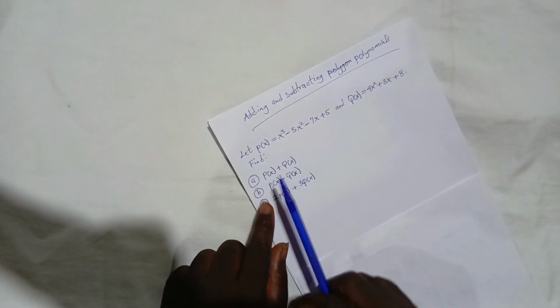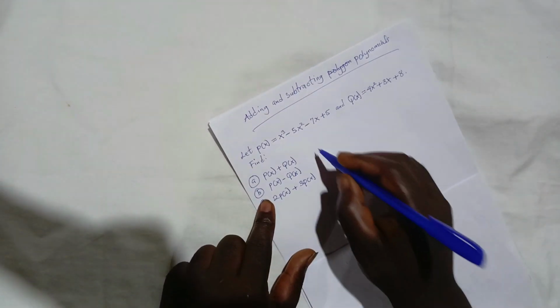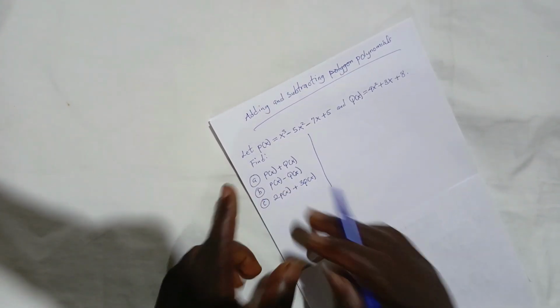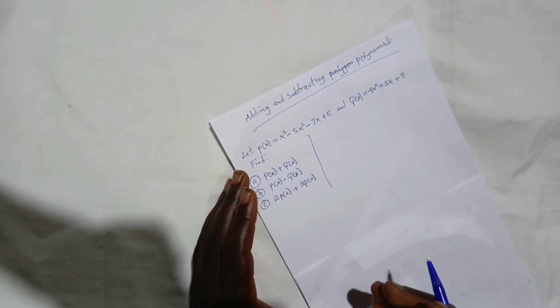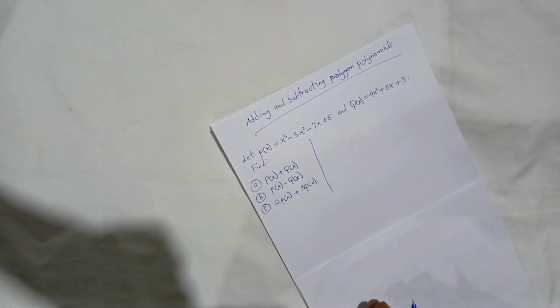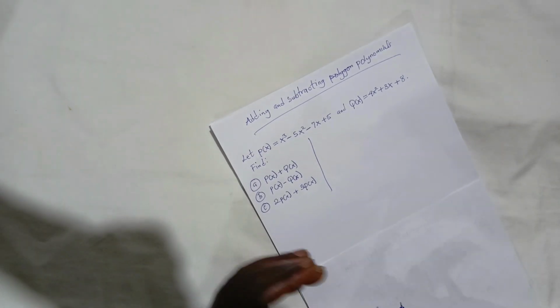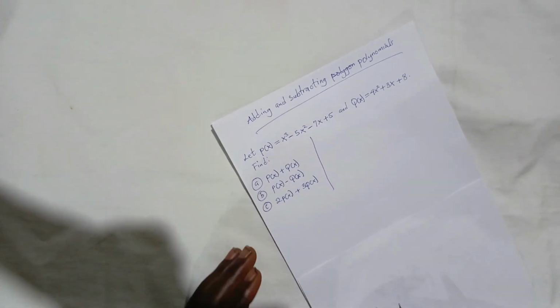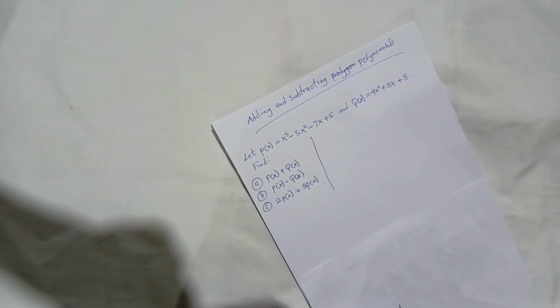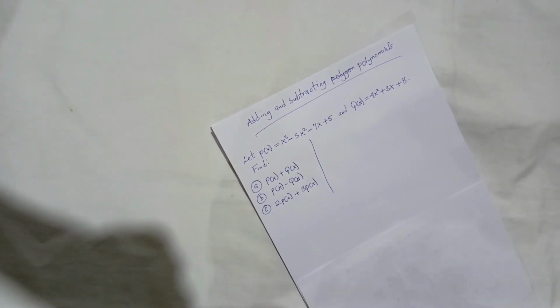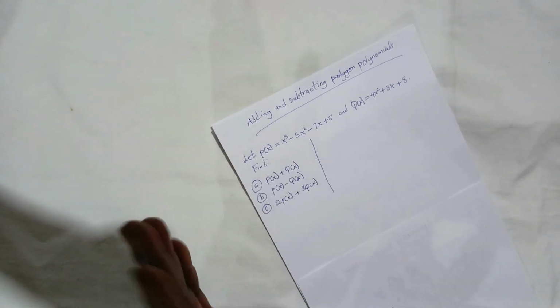Now, if you want to do this, we're going to first arrange the problem in a vertical order so that the problem can be easy, because we already understand how to add numbers. When we are adding numbers, we arrange it in the vertical order to help us solve column by column.